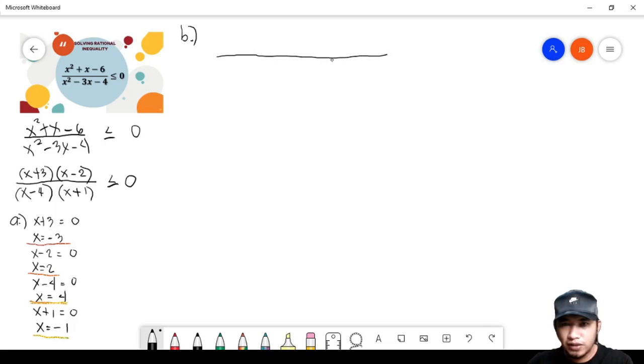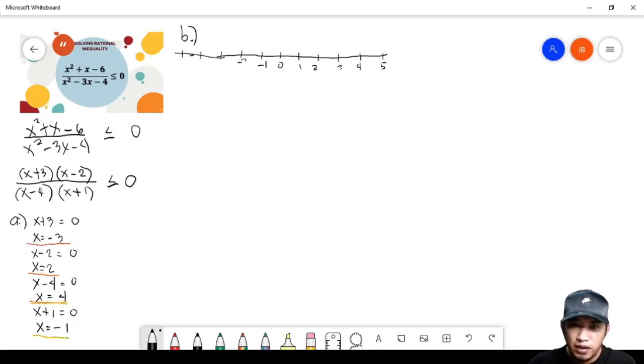Ayan. Assume that that is a straight line. Alright? Straight line siya. So, center, 0, 1, 2, 3, 4, and 5.